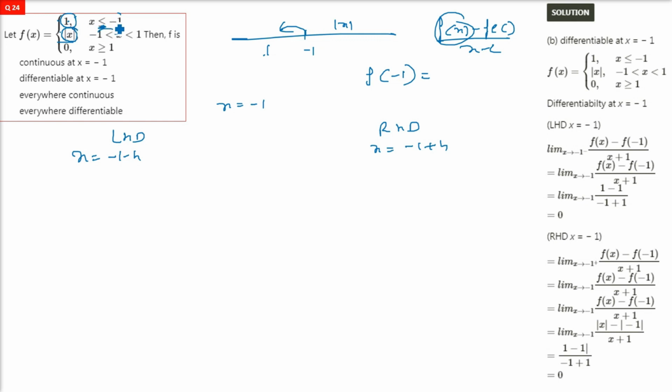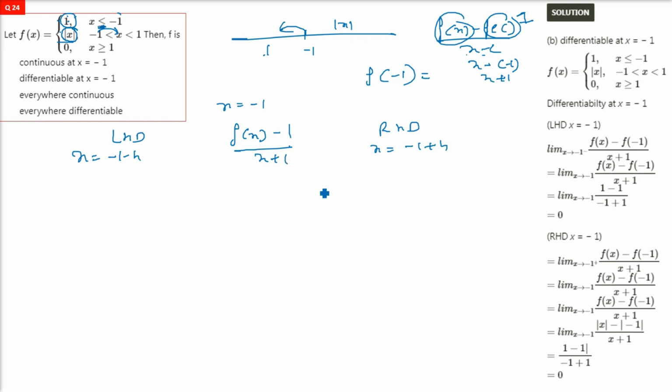When you go to the left of -1, in the same way as we did in continuity, we will replace it by 1. x minus c, and this c is -1, because we are checking at -1. So x minus (-1) is x plus 1. So the simplified function we will use for LHD and RHD is (f(x) minus 1) divided by (x plus 1).